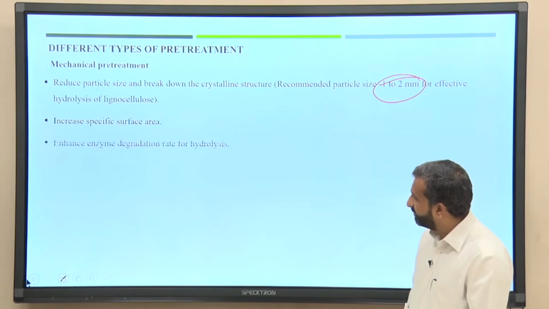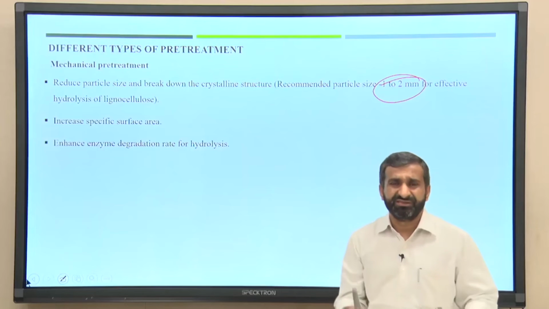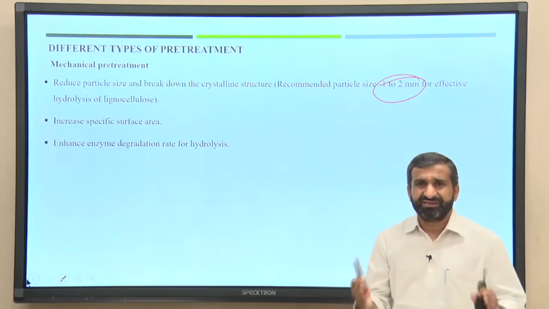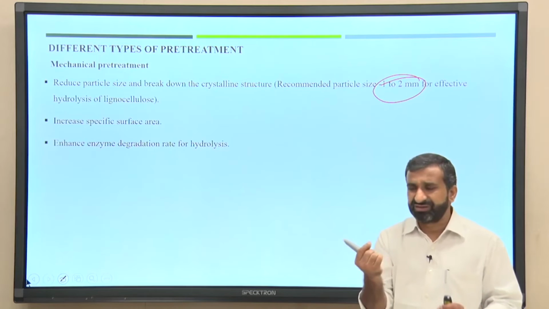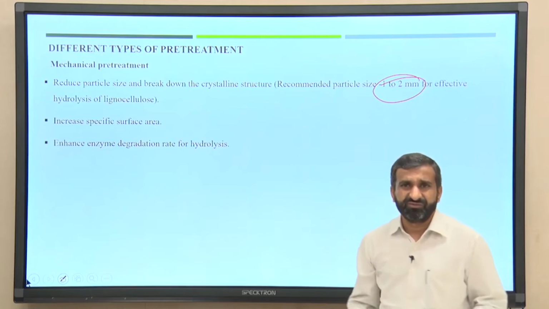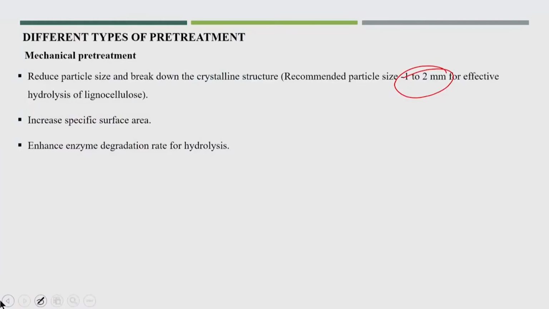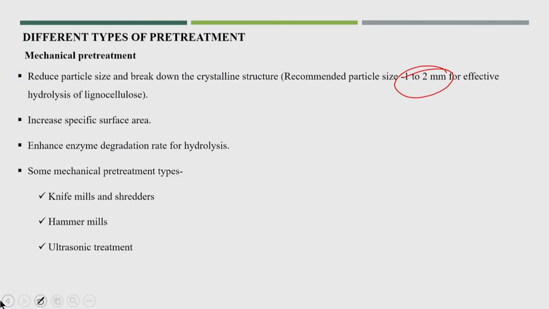Mechanical pretreatment increases the specific surface area. It is nothing but shredding, or converting the entire material into smaller size like 1 to 2 mm. It increases the enzyme degradation rate for hydrolysis.